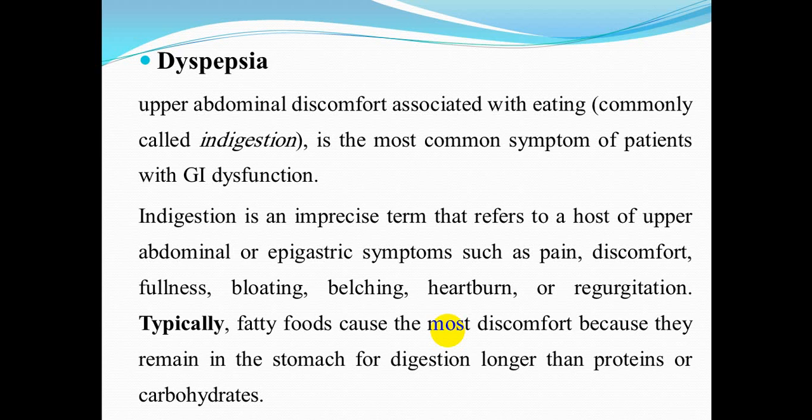Indigestion is an imprecise term that refers to a host of upper abdominal or epigastric symptoms such as pain, discomfort, fullness, bloating, belching, heartburn or regurgitation. Typically, fatty food causes the most discomfort. حقيقة الطعام اللي يحتوي على دهون يكون أكثر discomfort for abdomen because they remain in the stomach for digestion longer than protein or carbohydrates.